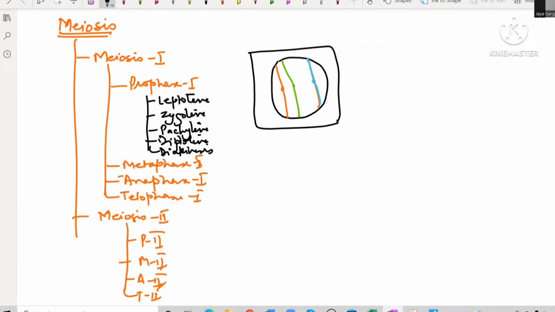I'll use this color and this color. So I've taken a cell with 4 chromosomes, and if you see my diagram, ends are still attached to the nuclear envelope. So this is your leptotene stage. Chromosomes are attached to the end of nuclear envelope by the help of attachment plate. You call this stage as bouquet stage also.